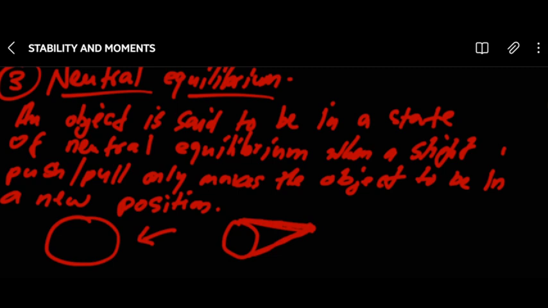The reason this object is not toppling over is because it is in a state of neutral equilibrium. So as we can see, we have three types of equilibrium: neutral, unstable, and stable.